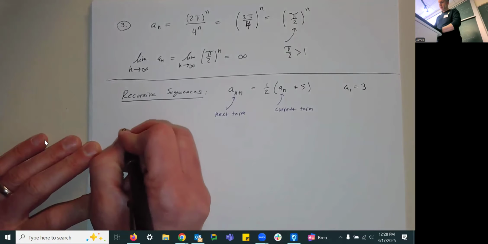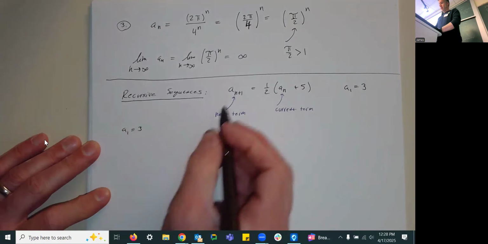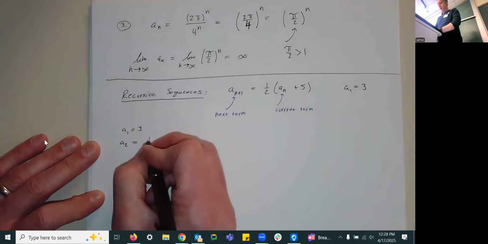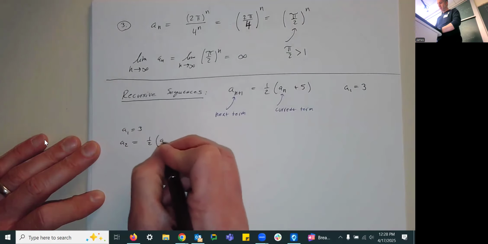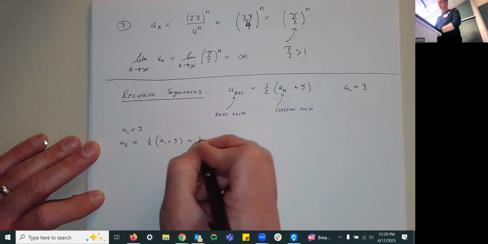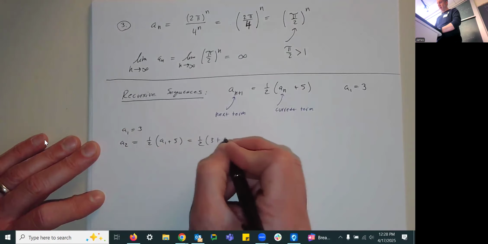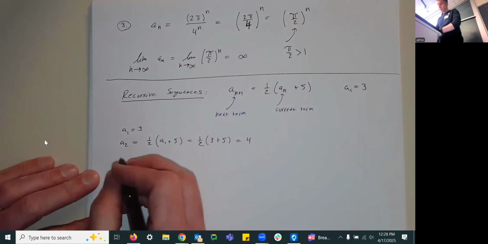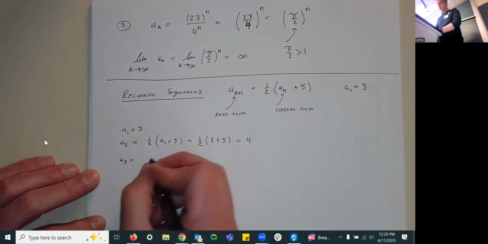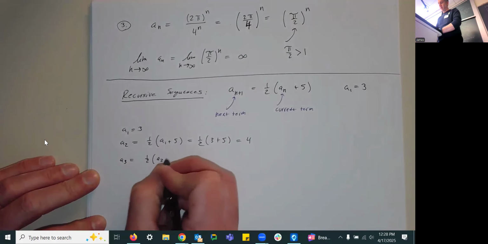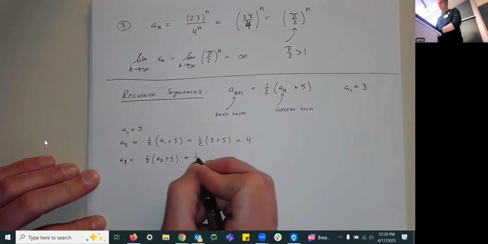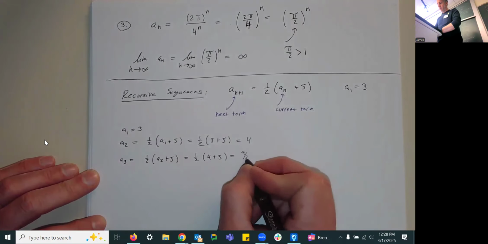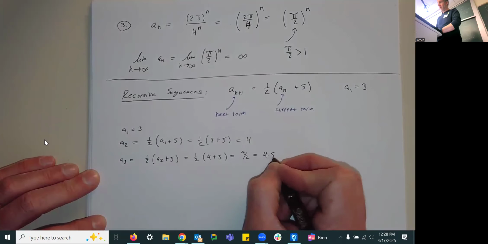So a sub 1 is 3, and a sub 2, the next term, should equal 1/2 times a sub 1 plus 5, which is 1/2 of 3 plus 5, which is 4. And then the next term, a sub 3, is going to be 1/2 times the previous term plus 5, which is 1/2 of 4 plus 5, which is 9 divided by 2, or if you prefer a decimal, 4.5.